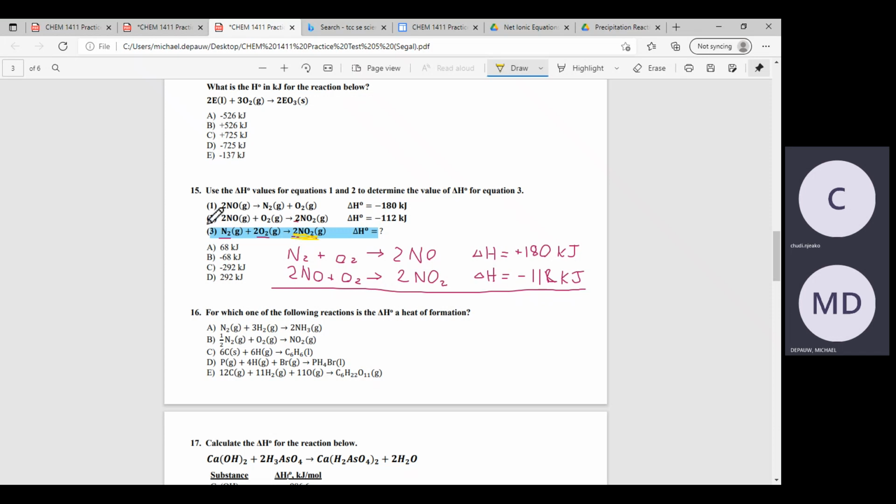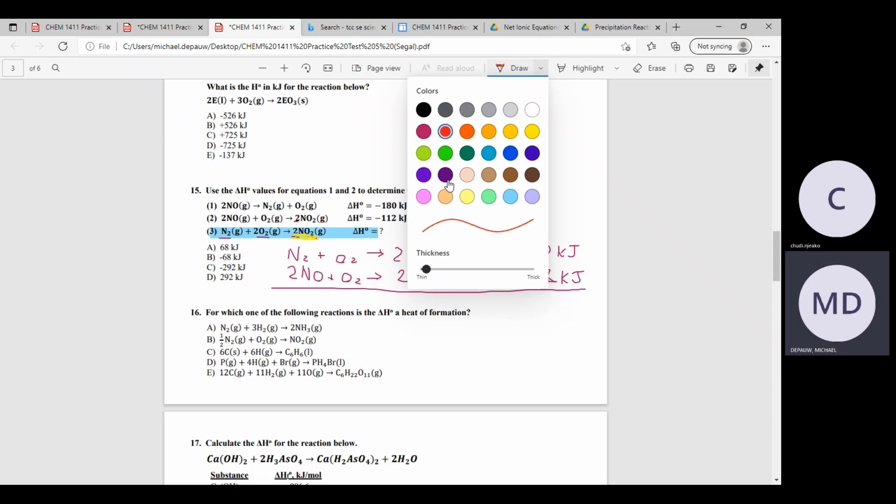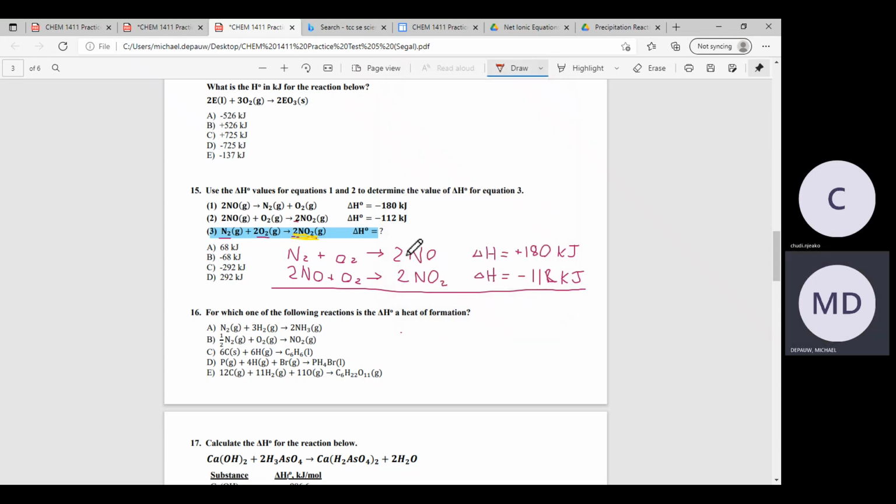Okay. Now that I have the equations appropriately modified or not modified, I check to see if adding the 2 equations together is going to give me the overall equation that I'm looking for. In this case, if you notice the 2NO on the product side here and the 2NO on the reactant side here, if something is on both the product side and the reactant side, it cancels out.